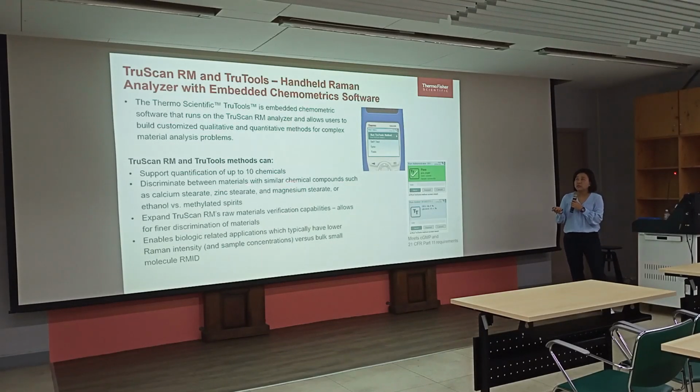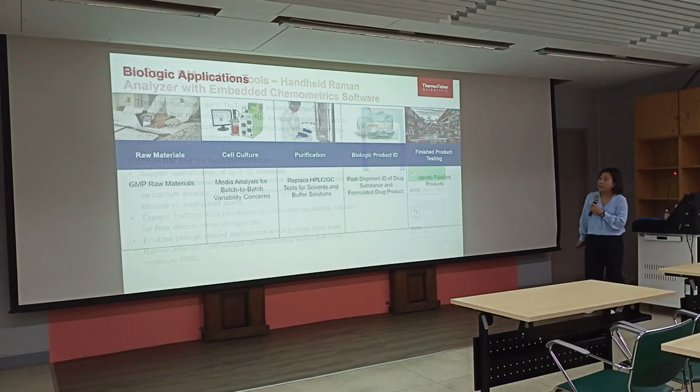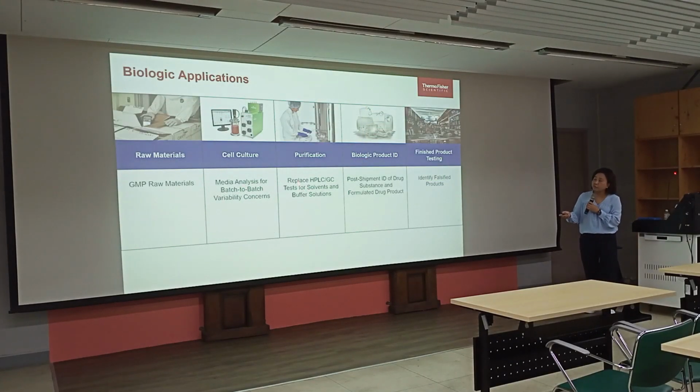We can expand the TruScan RM applications not only to chemistry products, but also to biologic products as well, like cell culture and purification, to quantify the samples as an option for HPLC or GC. For biologic products we can also test post-shipment ID and do quantification for the formulated drug product. The TruTools plus TruScan RM can also be used for counterfeit products, to check whether a product is original or not. So we can use it for finished product testing.